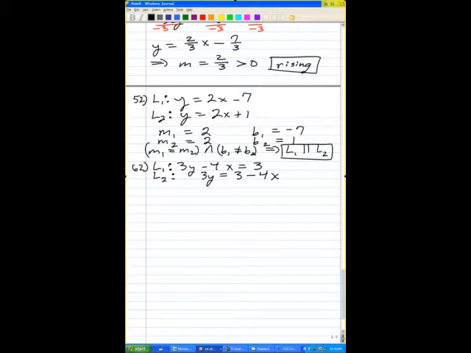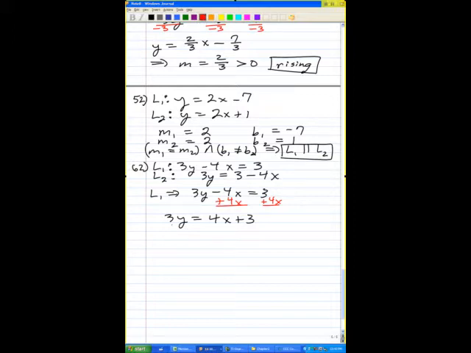And so, let's look at L1. So I have 3y minus 4x is 3. Let me solve for y. So let me add 4x to both sides of my equation. So I get 3y is equal to 4x plus 3.